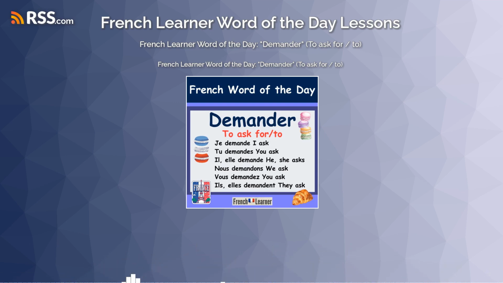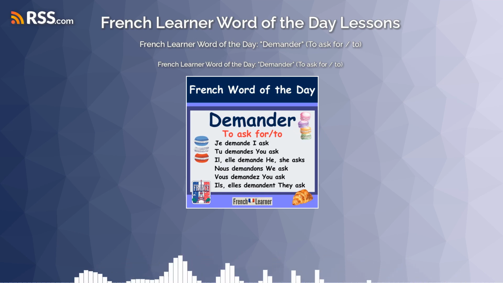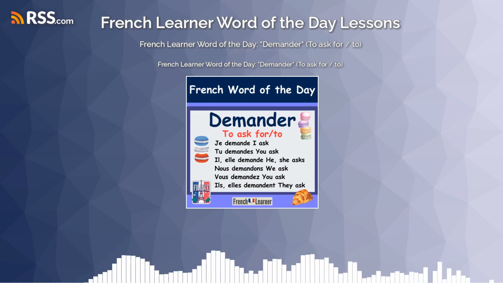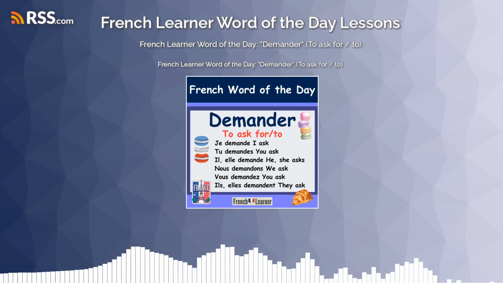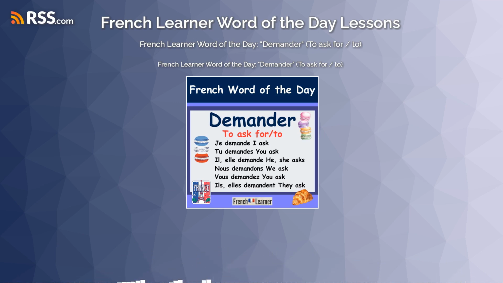Se demander is to ask oneself, if you will. So je me demande, I ask myself, equals I wonder. So demander in the reflexive form is to wonder. Encore une fois avec la phrase je me demande pourquoi le français est tellement difficile.